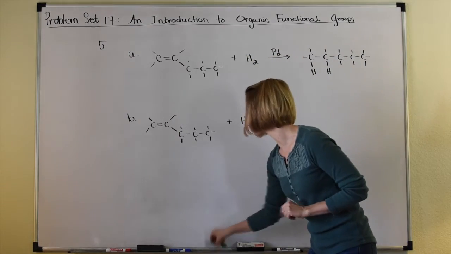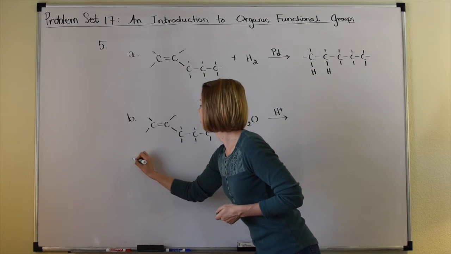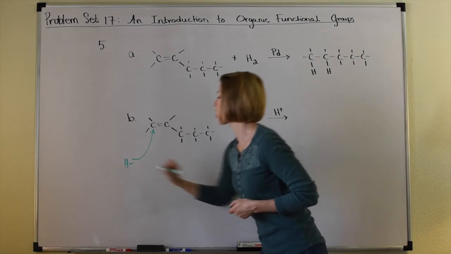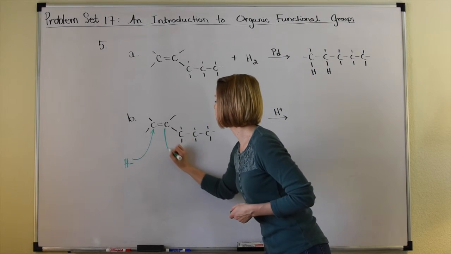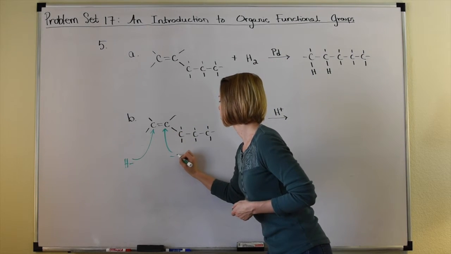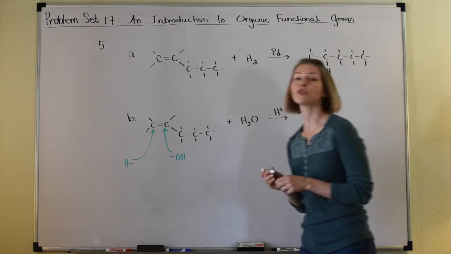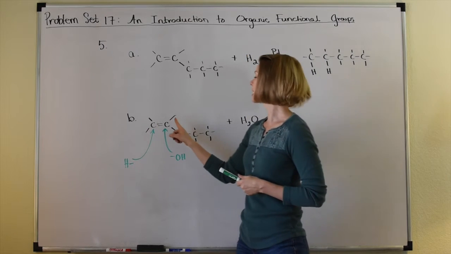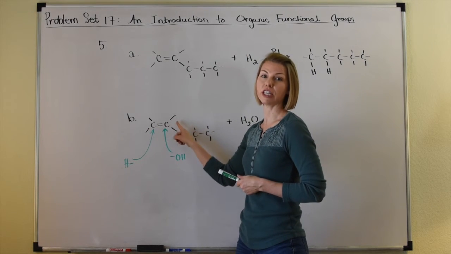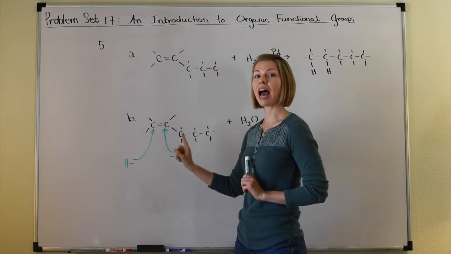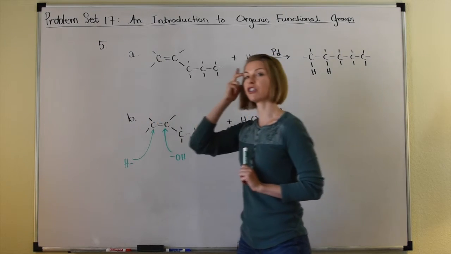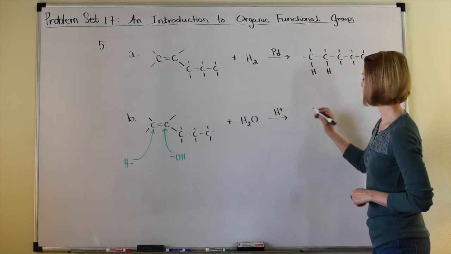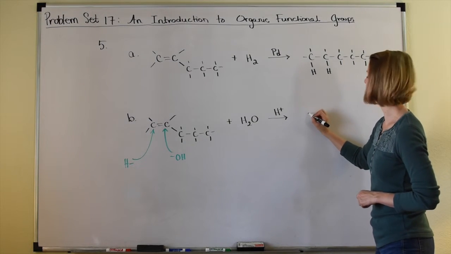And that's how we know that our hydrogen will add to the first carbon and our alcohol will add to the second. The first carbon has 2 hydrogen. The second carbon has just this 1. The hydrogen will add to the side that has the most hydrogen already. Okay, so our final product over here is 2-pentanol.